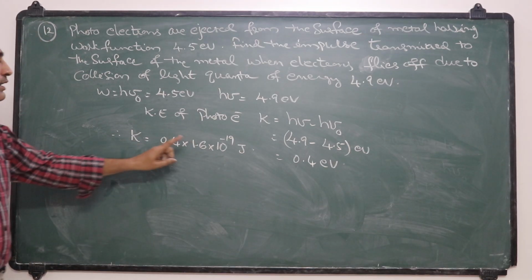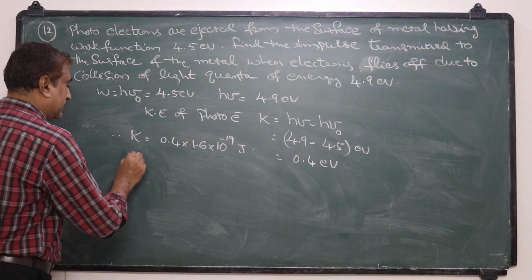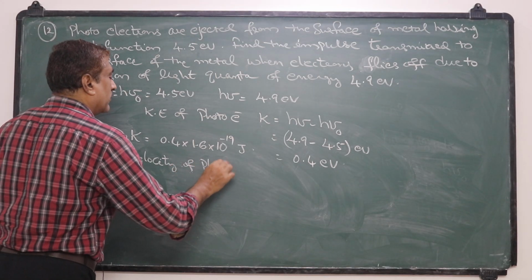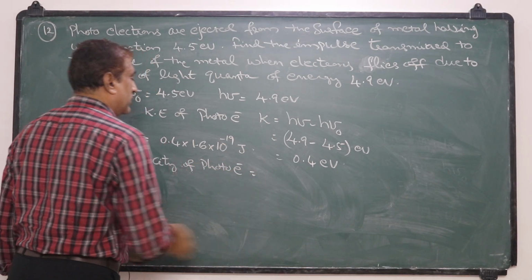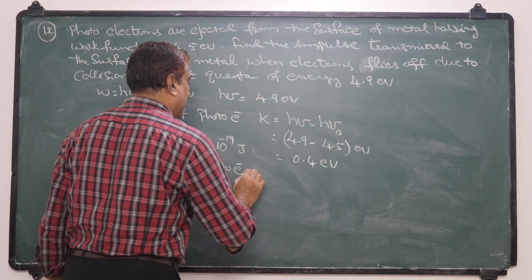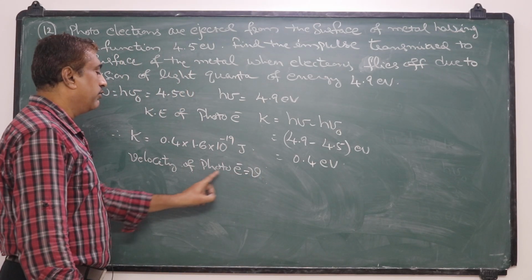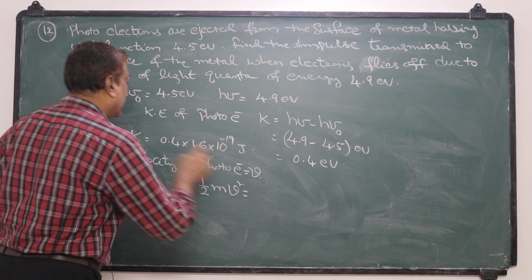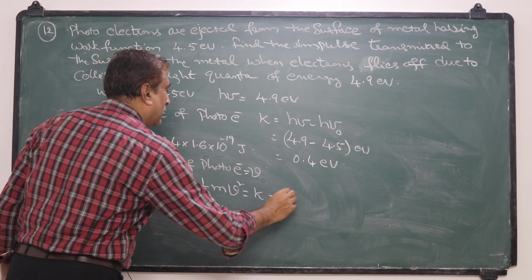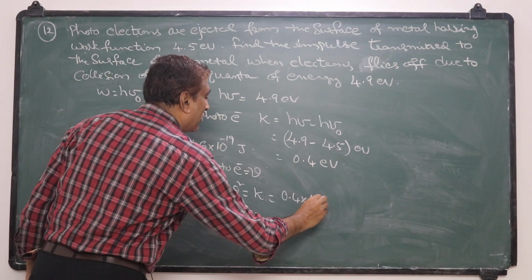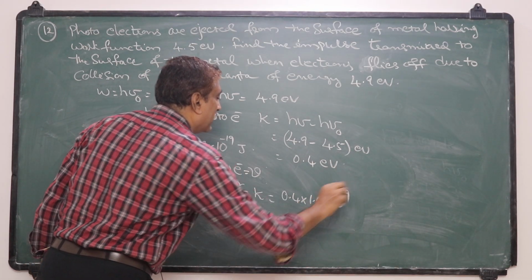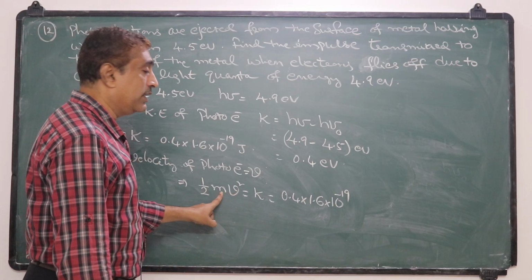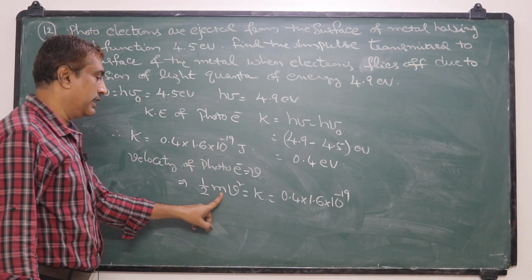Now what is the momentum? First we calculate the velocity of the photoelectron. Assume the velocity is small v, which implies half mv² is equal to the kinetic energy, 0.4 × 1.6 × 10⁻¹⁹. The mass of the electron is 9.1 × 10⁻³¹ kg.